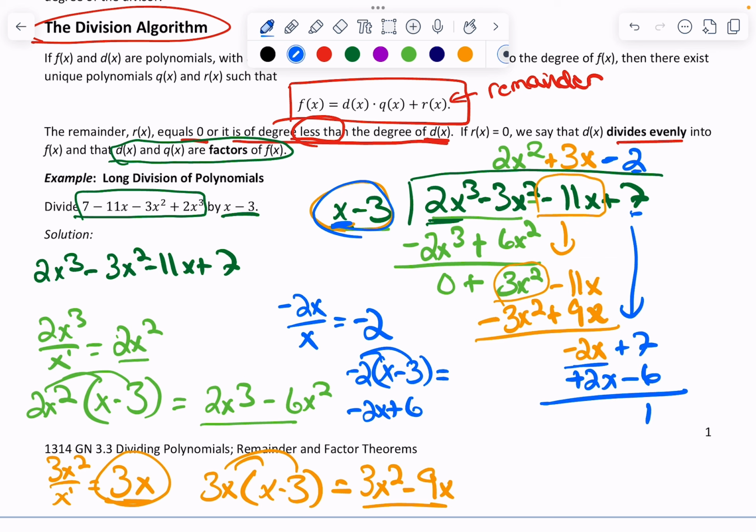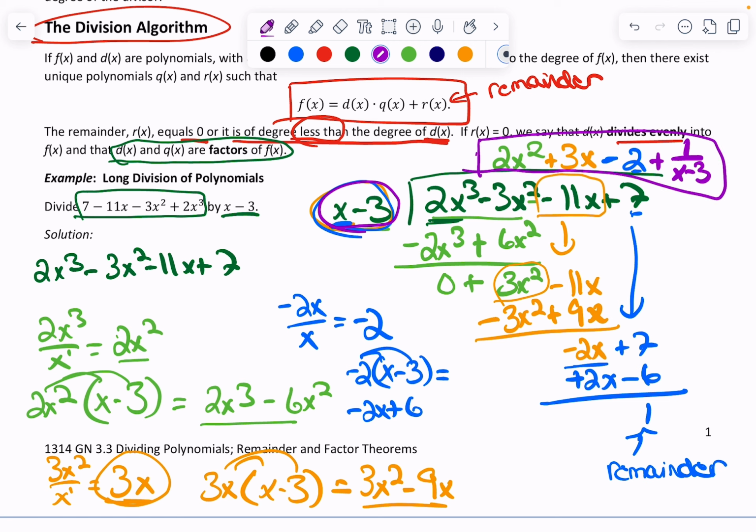So what this means is that we have a remainder of 1. It is less than x minus 3, so we're not able to divide it any farther. So for our answer here, we're going to write the remainder, plus 1 over the divisor, x minus 3. And this is our answer.